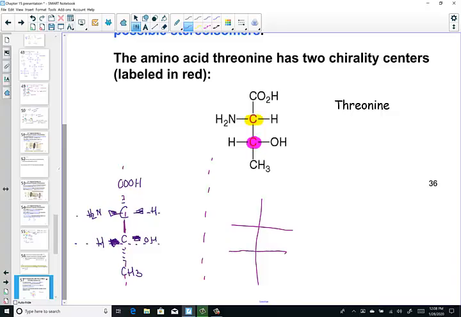The original structure had CO2H at the top and methyl at the bottom. The mirror image would place hydrogen and hydroxide closest to there, and of course the nitrogen and hydrogen on the opposite. So to create the mirror image, just flip what's on the horizontal axes.